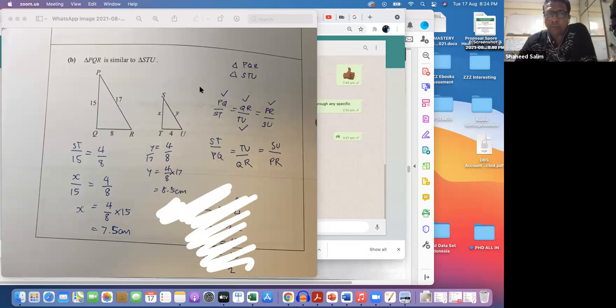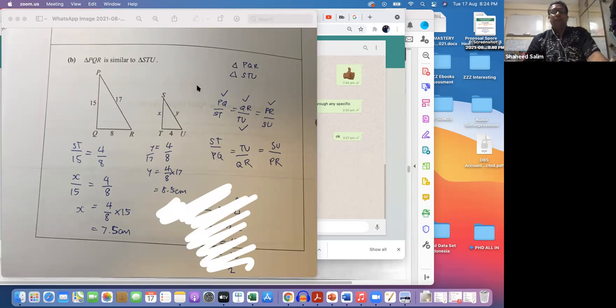If both are similar, and the statement says it's similar, the ratio will be the same, consistent with QR over TU, which you will get 2, right? So your teacher has shown you this method. Now, this is a complex way of doing it, which is okay. Don't worry, it's no problem.